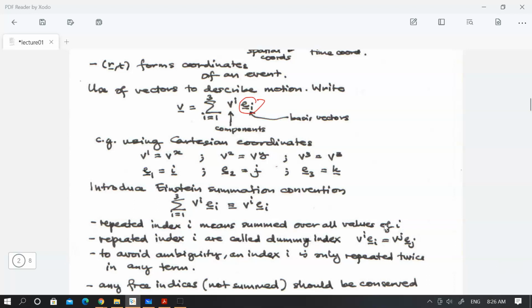Generally I put this as the symbol e_i because I can describe in any coordinates, but you can think of your e_i to be your i, j, k. Okay, so you have 3 of those, and then you have the components which are the projections along x, y, and z as an example. Okay, so this is essentially the components here. Okay, and even if you use your Cartesian basis, in this case, this is what we call a Cartesian basis.